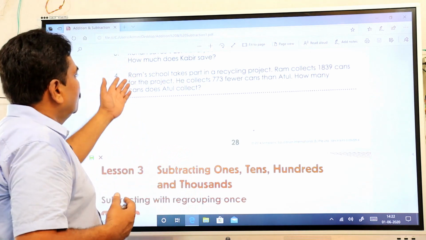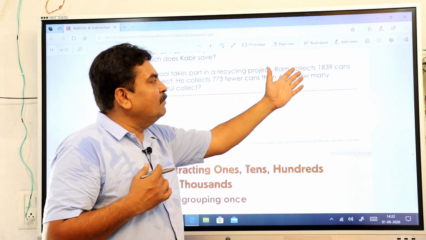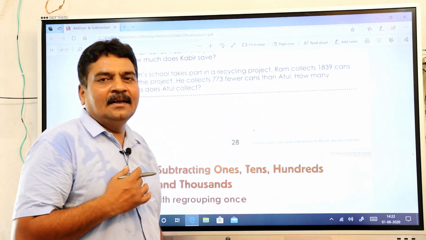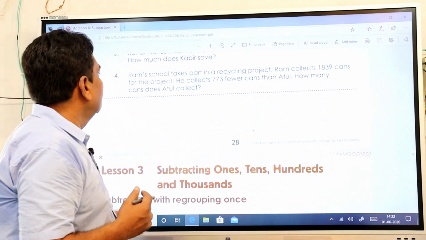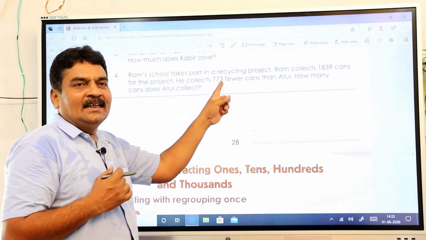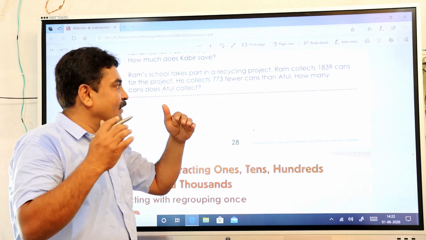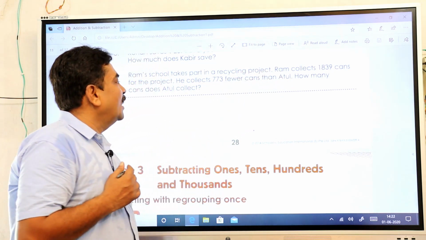So Ram's school takes part in a recycling project. Ram collects 1839 cans for the project. He collects 773 fewer cans than Atul. How many cans does Atul collect?